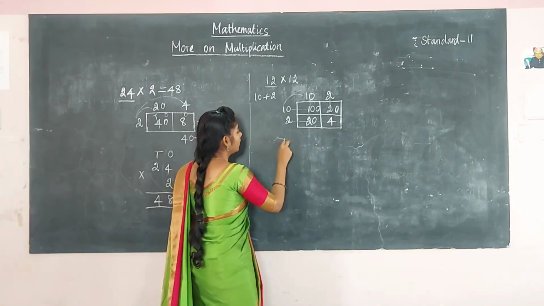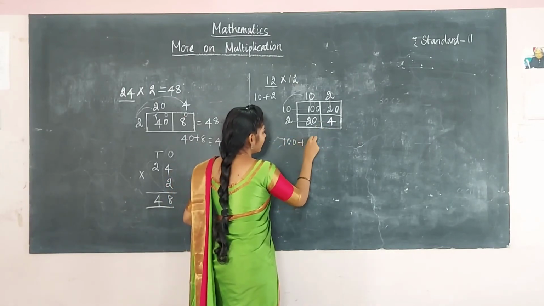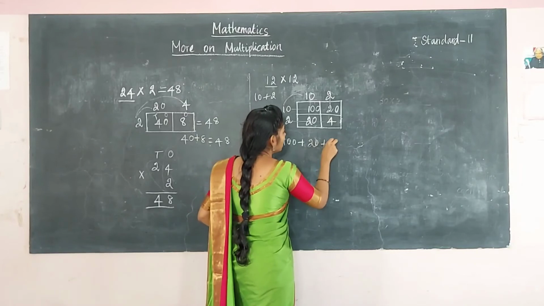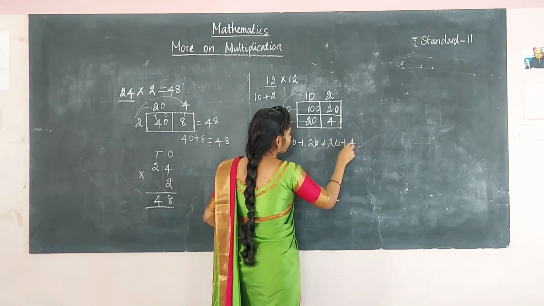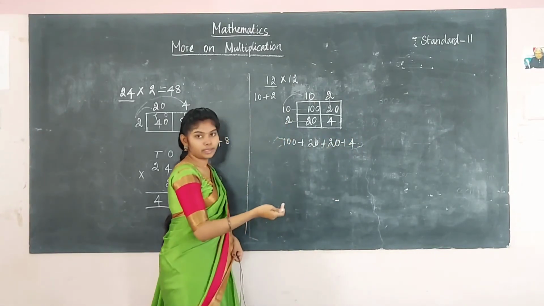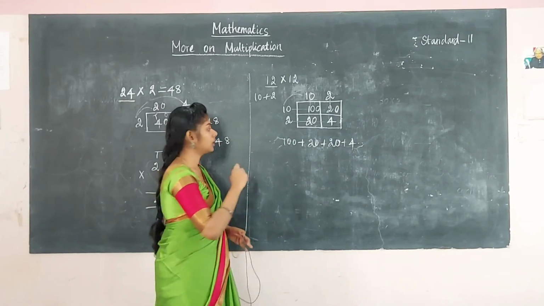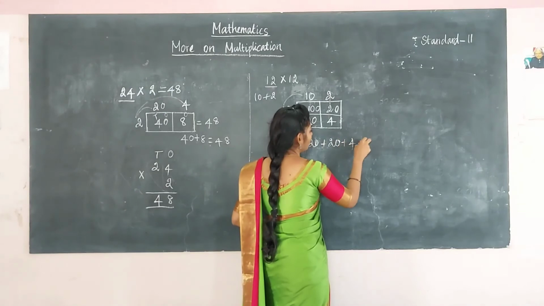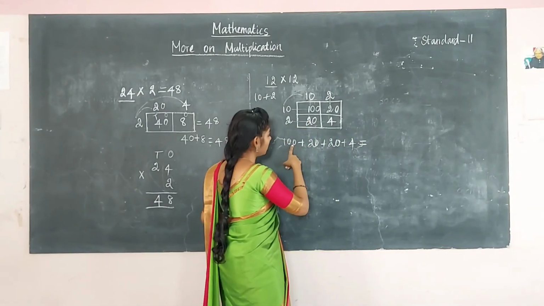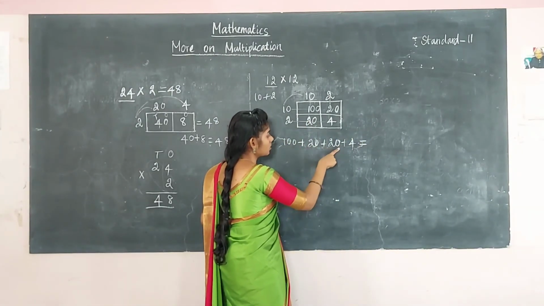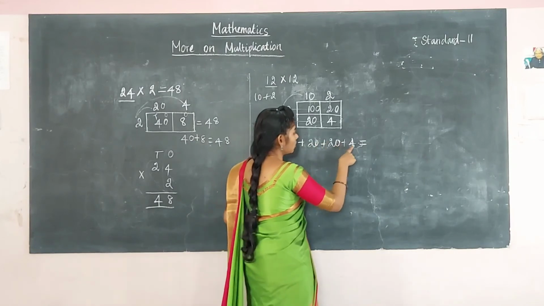So how will you add 100 plus 20 plus 20 plus 4? I will say a simple method of how to add, and the normal way we have already learned, that one I will teach you now. So here in the ones place, take the last place, which is the ones: 0 0 0 and here 4.